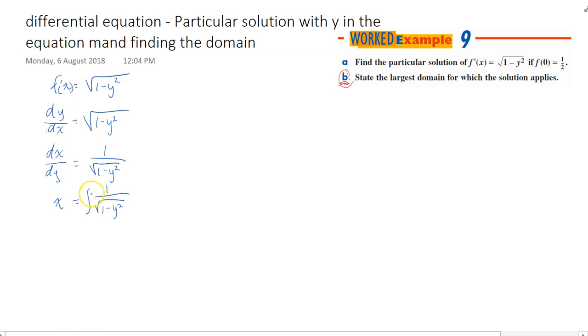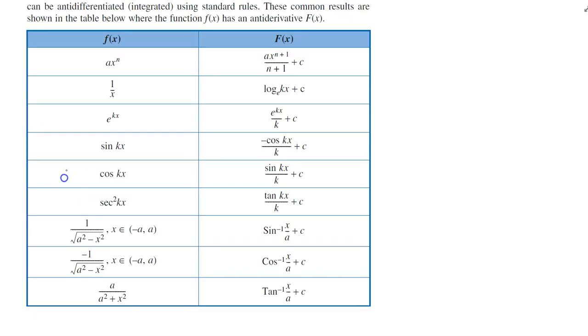Now this is a pretty esoteric integral, but if you go back to your term 2 work, this one here is sine inverse of x on a, plus c.